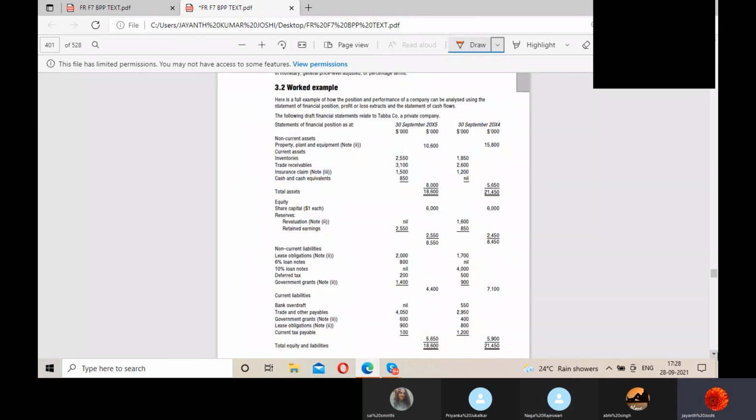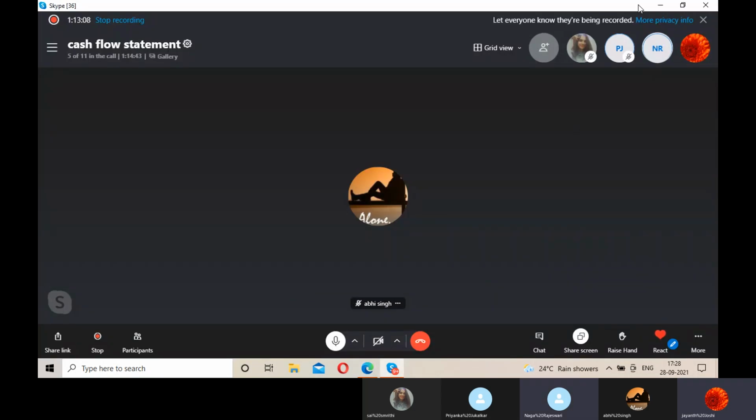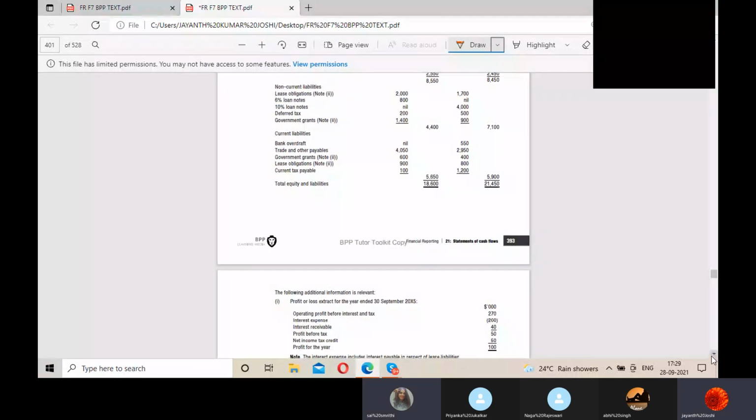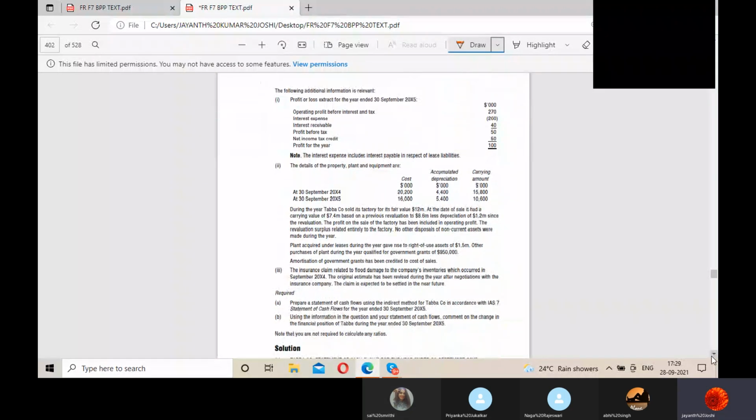You can zoom it and do it now. Are you taking the screenshot? Yes, sir. Done, sir. Then this. Not an easy one. Let me see how you put this.